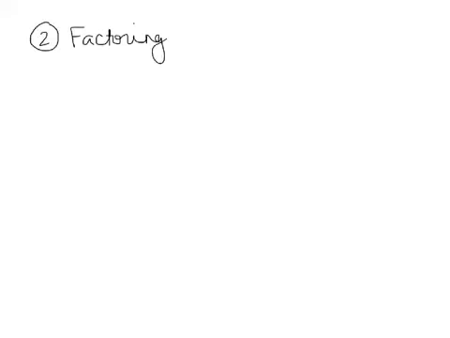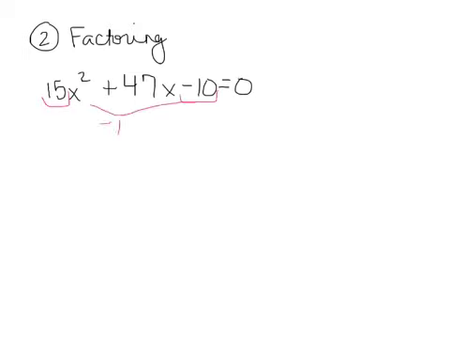To solve by factoring, I'm going to use the same process I did before, at least when it comes to factoring. So, given that 15x squared plus 47x minus 10 is equal to 0, I'll use this problem. I'm going to take my a term times my c term, multiply and get negative 150. Okay.